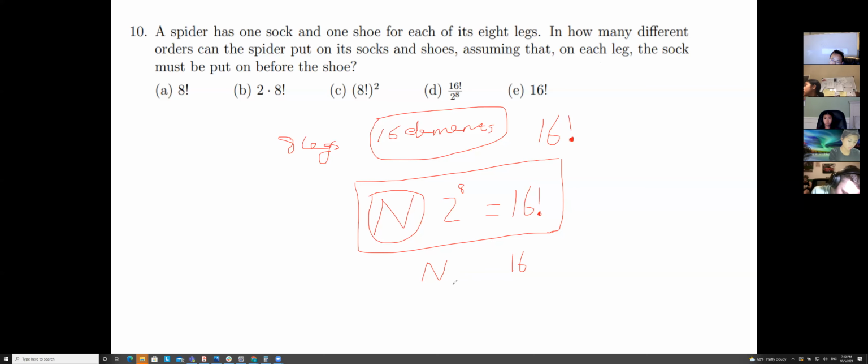You have totally n now, but this n comes from 8 parts. Each of them becomes double, right? They can double it, double it, double it. So totally, you should be able to have the full arrangement of all these. So n times 2 to the 8th should be 16 factorial. And that will be our final answer.